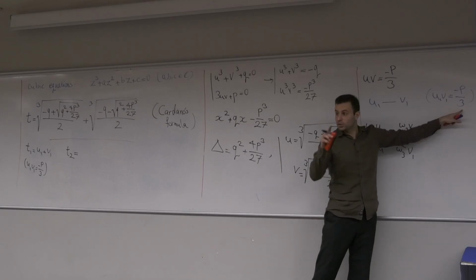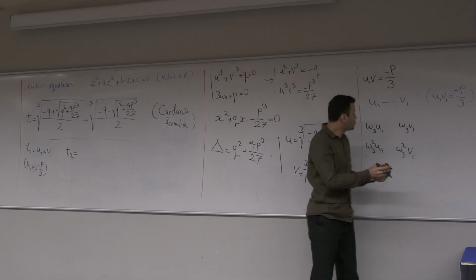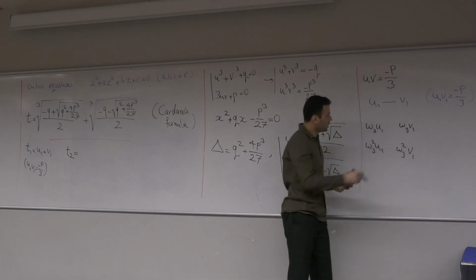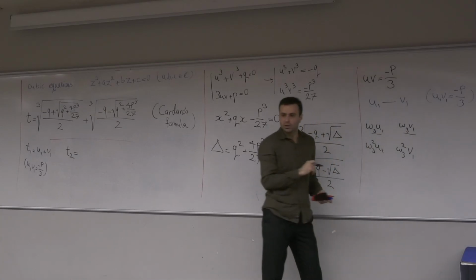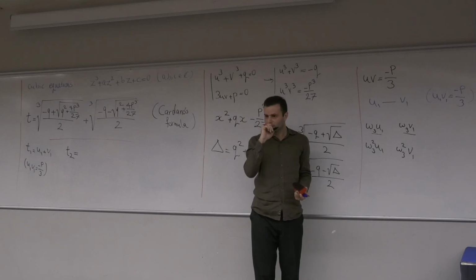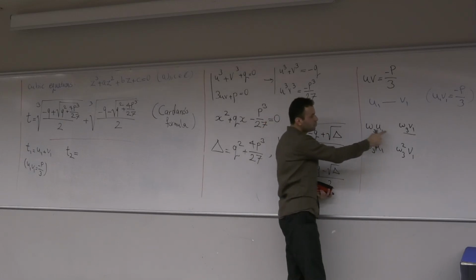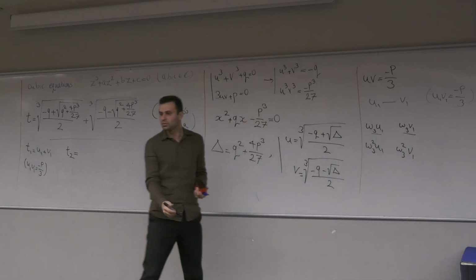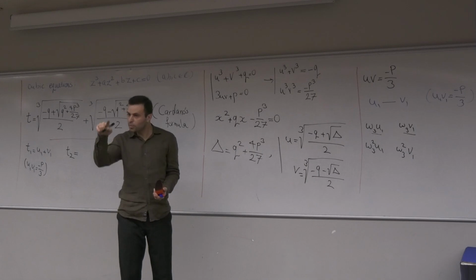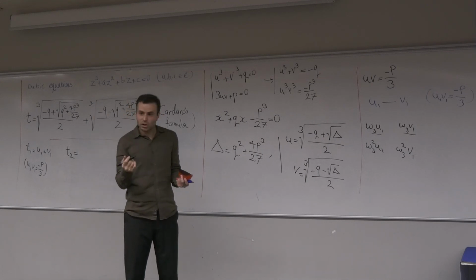It is not going to be equal to minus p divided by 3. So I cannot choose this one. What about this option? If I select this one and this one, what is their multiplication? It is going to be w3 to the power of 2 u1 v1. Is it minus p divided by 3? It is not. It is w3 to the power of 2 times minus p divided by 3. So it is also not working.